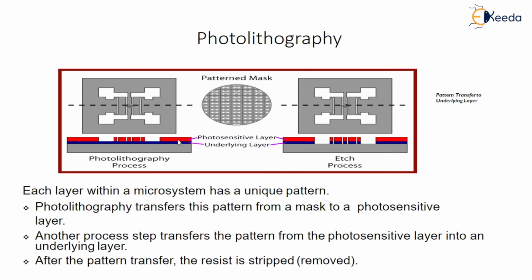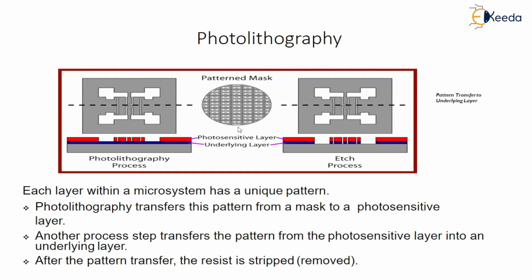A laser will cure that material. Each layer of a microsystem has a unique pattern, and photolithography transfers that pattern from the pattern mask as shown in the figure. There are different varieties of pattern masks.